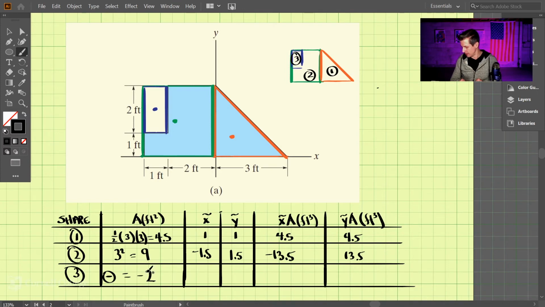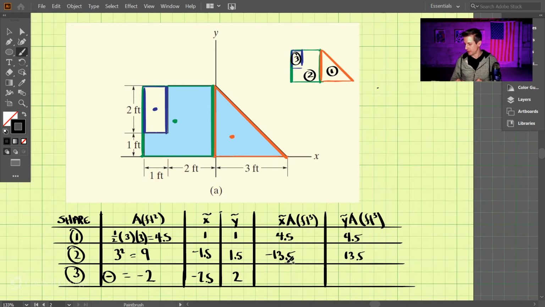And x tilde here, it's over this direction, so we have 2 plus another half foot. So x tilde is negative 2.5. And y here, the center is half of 2, which is 1, plus another 1, which is 2.